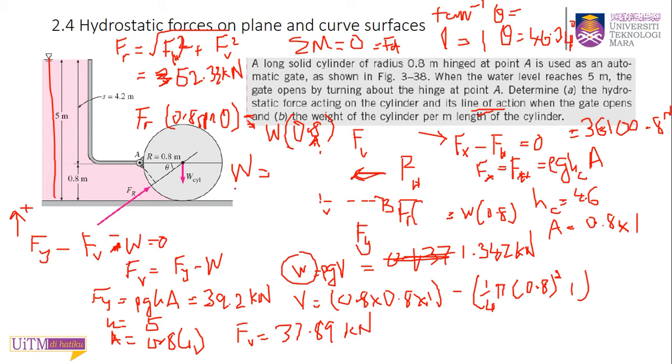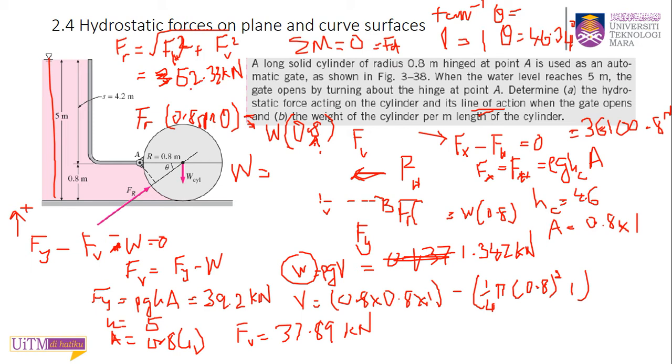So that's the force acting to make sure the gate closes. So W is what they ask you to find, so that the gate is still at rest and in a closed position. Whenever one of these forces is beyond that value, let's say 54, then the gate will open.